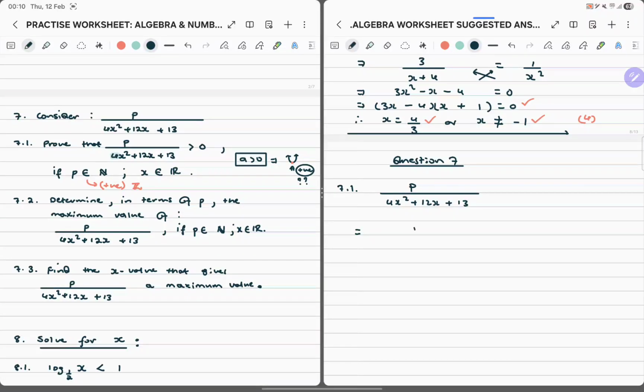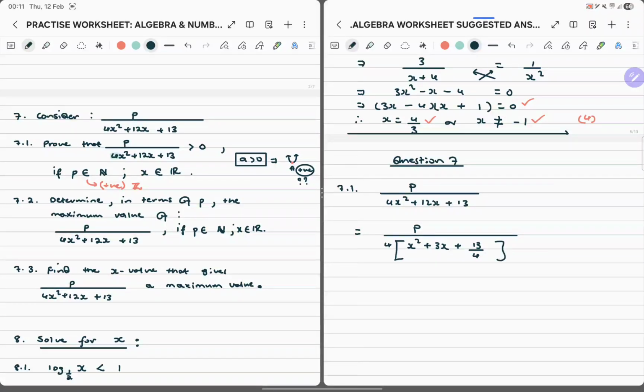So we know that this is equal to P, which is positive, divided by, we complete the square. Now remember, when we complete the square, we first factorize this thing by taking out the 4, then we end up with, maybe let's do it this way, x squared plus 12 divided by 4 is 3x, then plus 13 over 4.